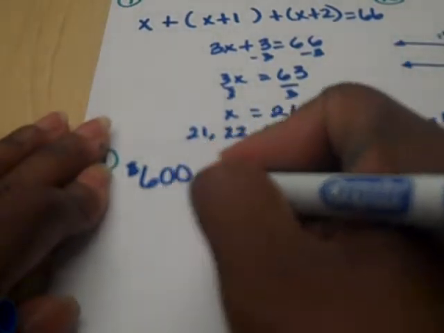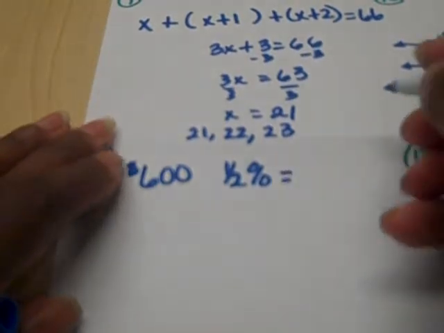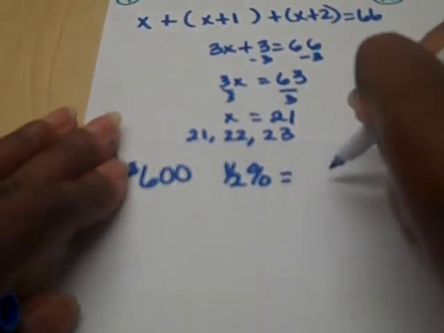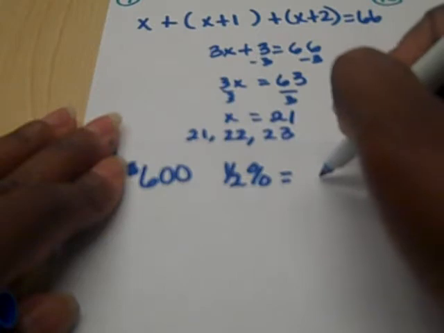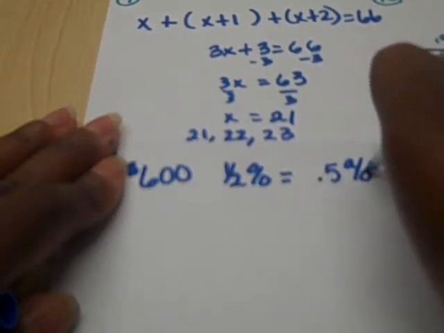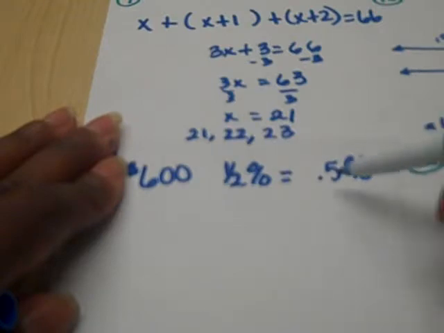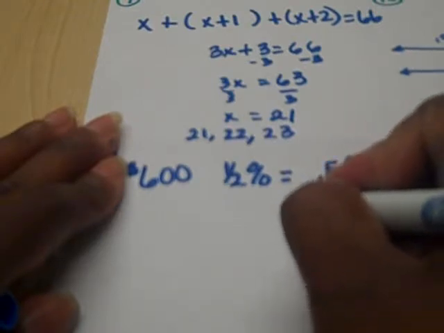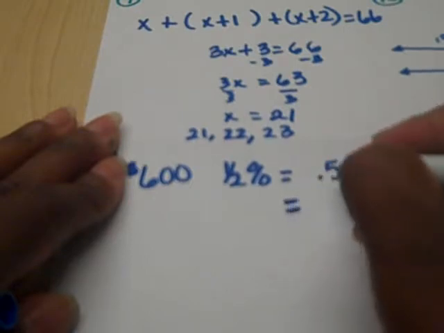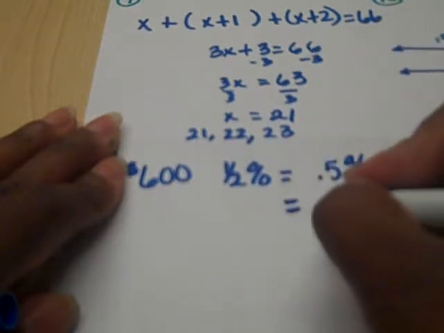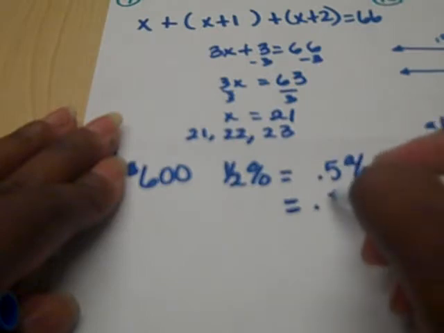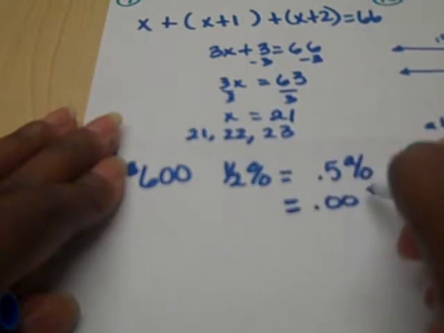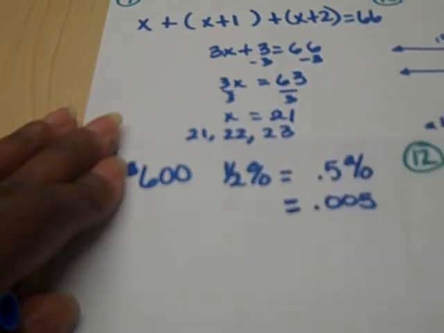So first we'll convert the 0.5% to a decimal. In order to convert that, we need to move our decimal 2 places. I'm going to get rid of the percent sign, so it's actually 0.005.